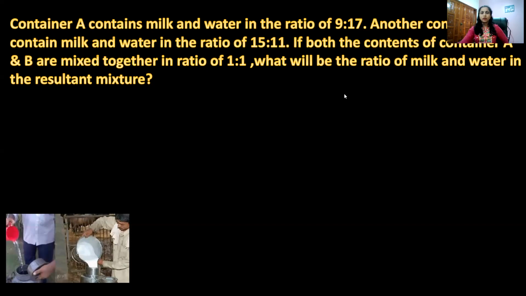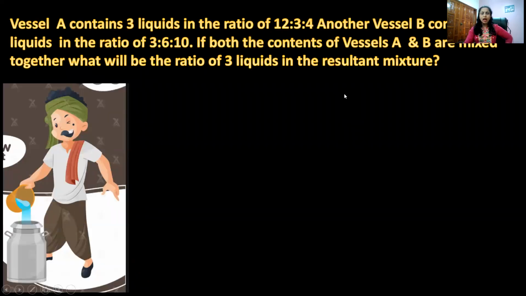Okay, let's go ahead. Now vessel A contains three liquids. So what do we have? Three liquids, no problem. We have three liquids A, B, C. We have two containers, A and B, and the liquids are in the ratio of 12:3:4 and here 3:6:10.